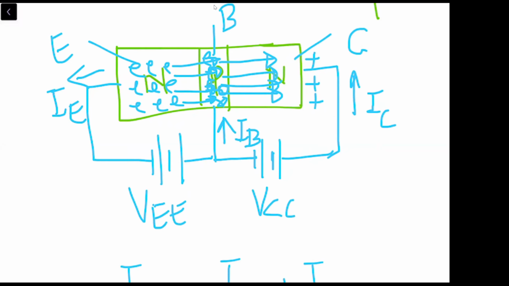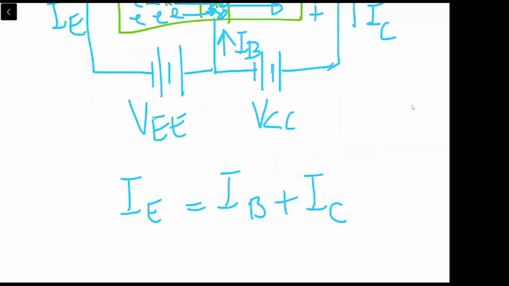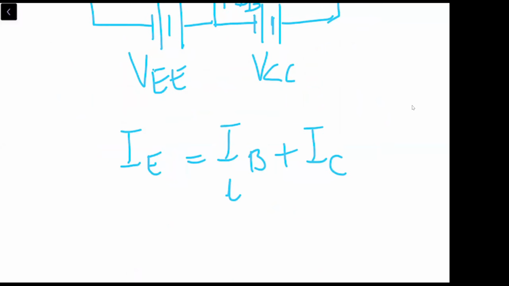Normally the values of the base current are in the range of microamperes, and the collector or the emitter currents are in the range of milliamperes, right?